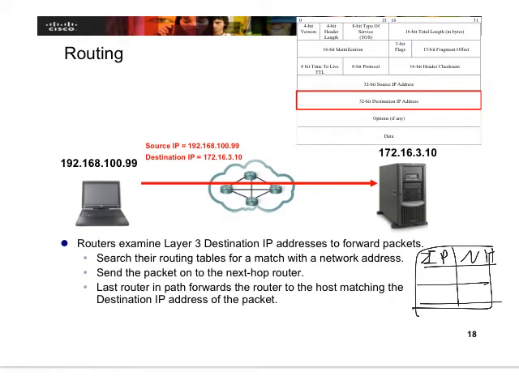Based on the destination IP address, I have to consult the routing table. I look at all the IPs one by one, and once I find this IP, I know the next hop, which is like being at a big intersection. Depending on the signs in this intersection, if I'm going to Al-Khor, then you have to go in this direction. If you're going to Al-Wakrah, then you have to go in that direction, and so on. So that's what the routing table will tell me. Okay?